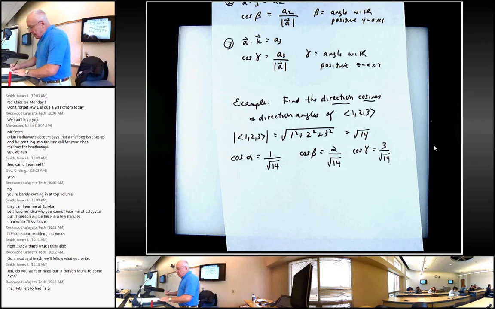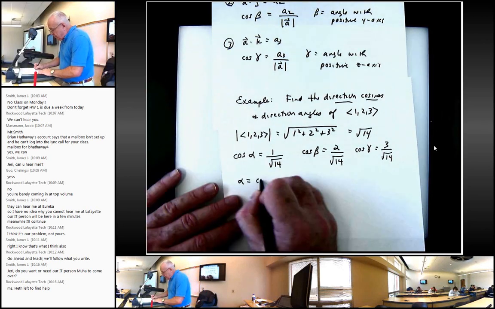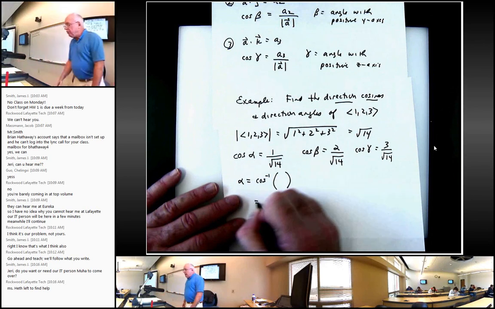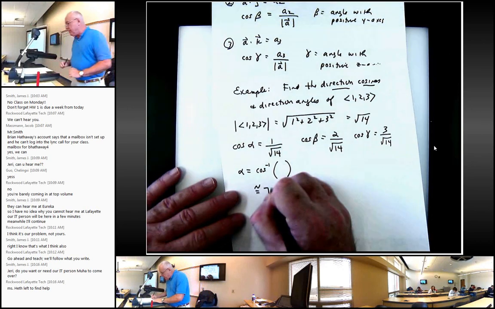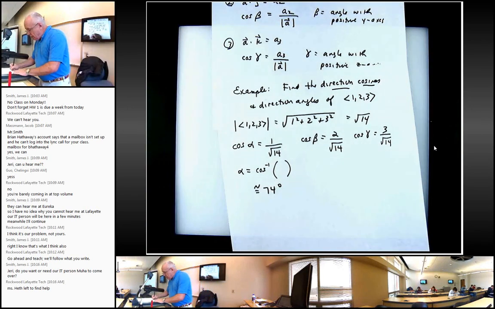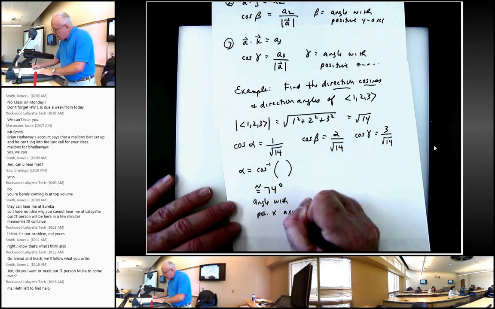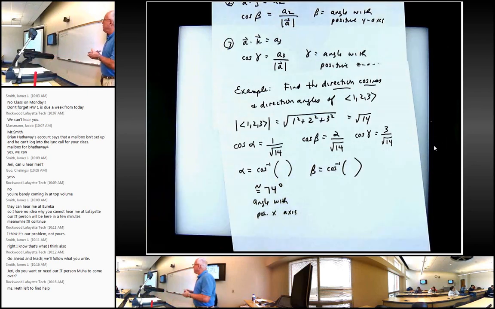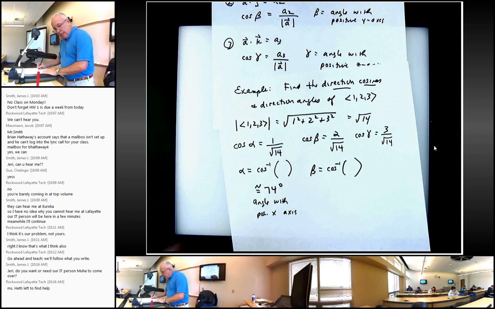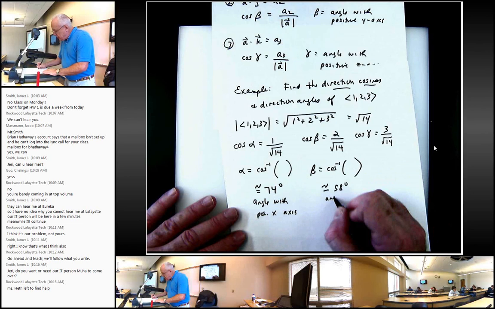Now to get the direction angles, of course, we go to our scientific calculator and get cosine inverses of all these things. And when we do that, alpha is approximately equal to 74 degrees, and that's the angle with the positive x-axis. Beta is the cosine inverse of 2 over the square root of 14, approximately 58 degrees, the angle this vector makes with the positive y-axis.